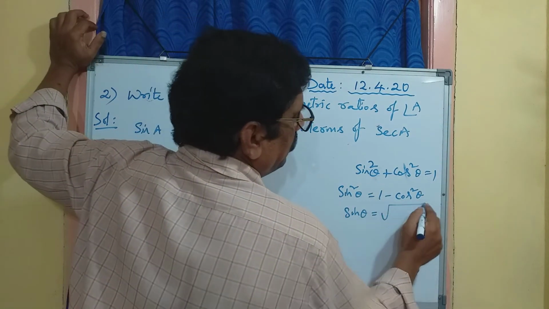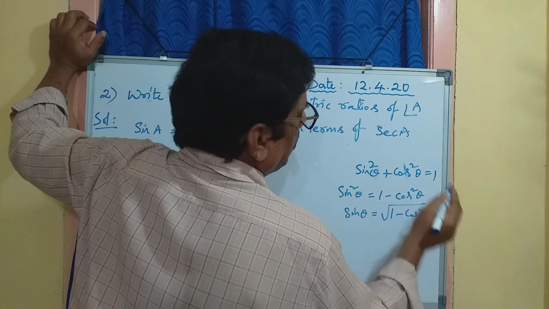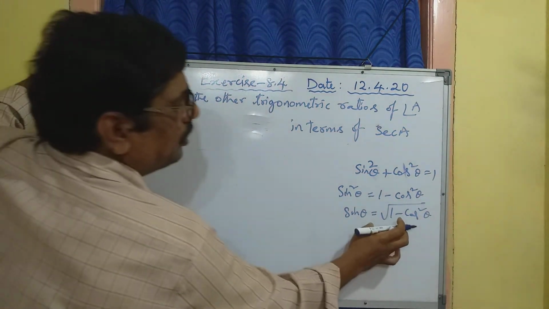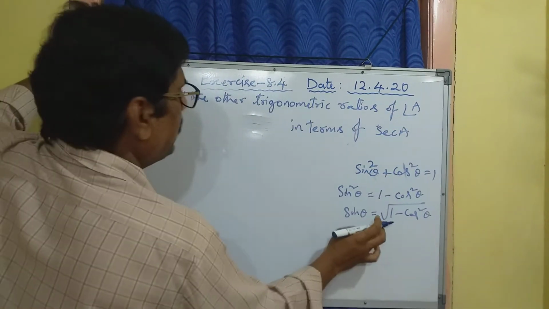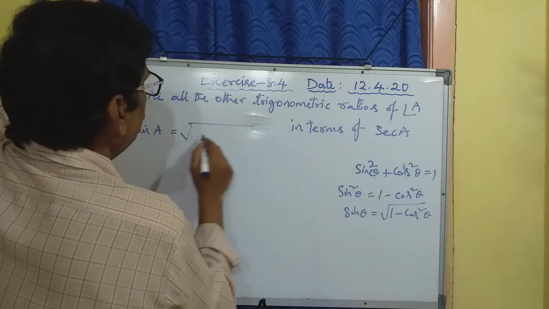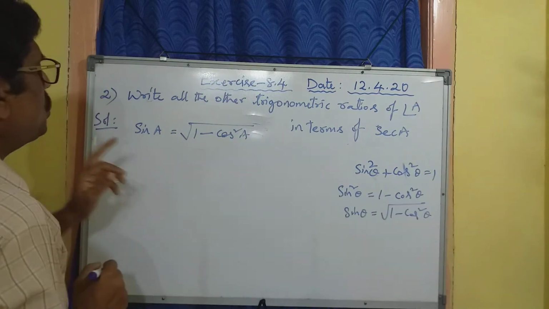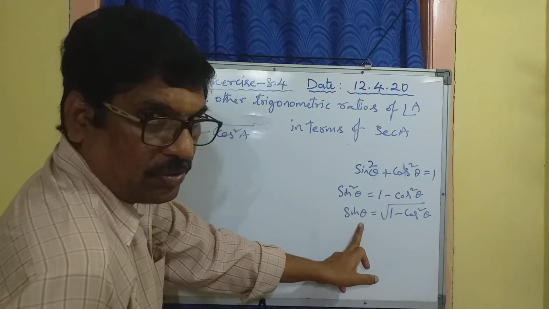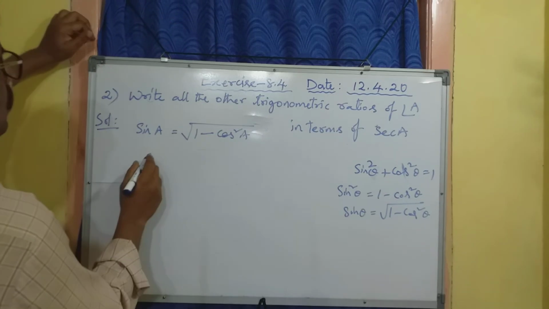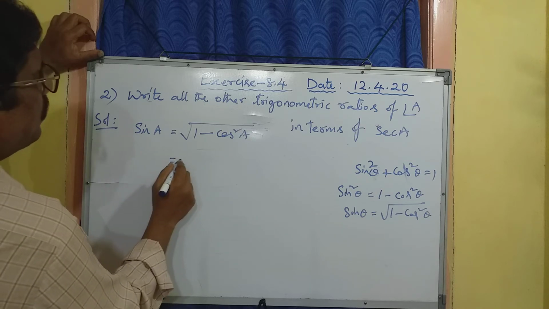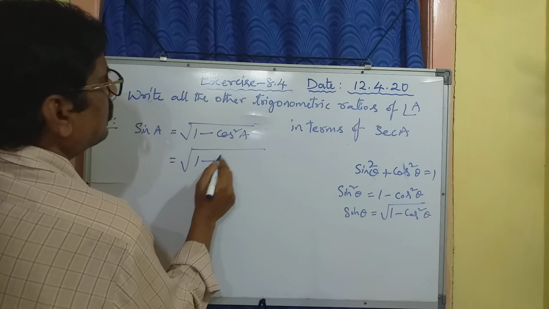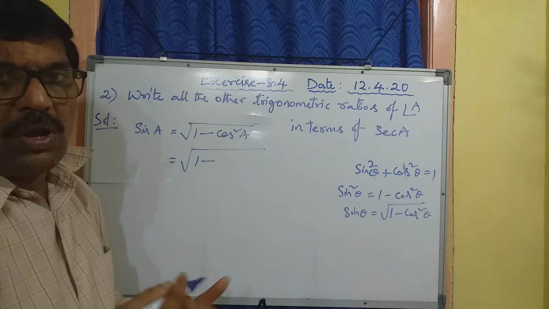Then sin theta is equal to square root of 1 minus cos square theta. So from this we can write sin A is equal to square root of 1 minus cos square A. So instead of A, we have taken theta. So theta can be replaced by A. Now cos is the reciprocal of secant.